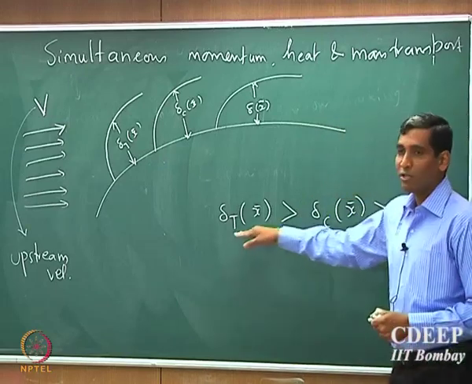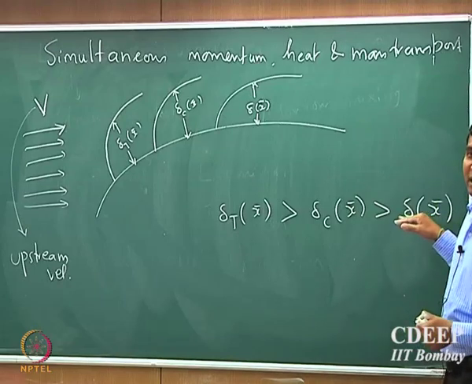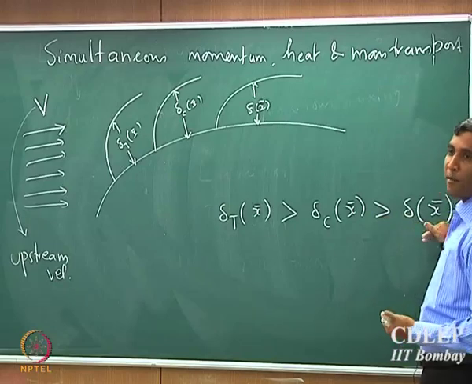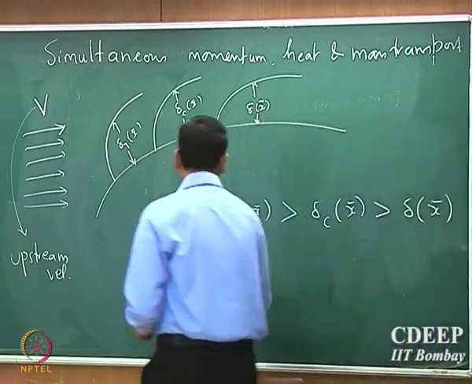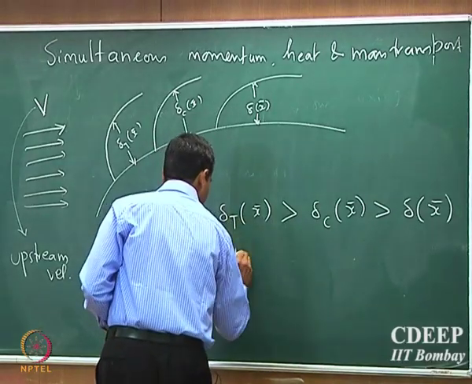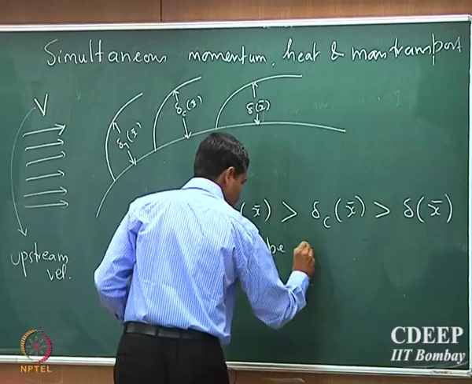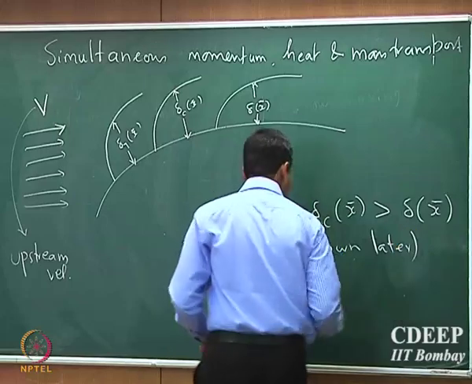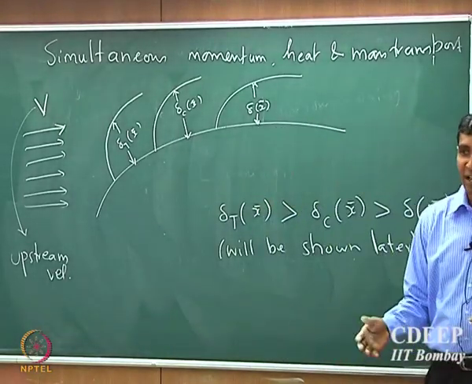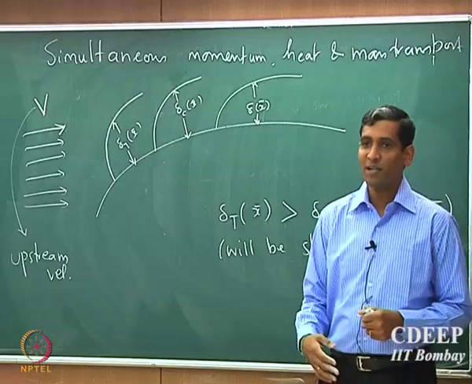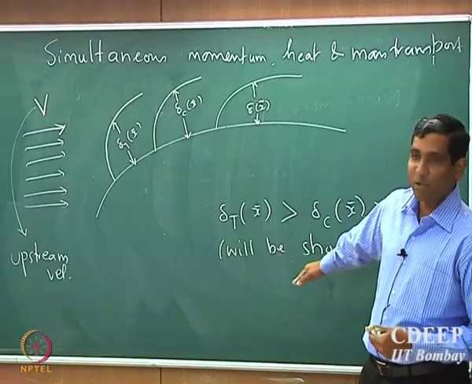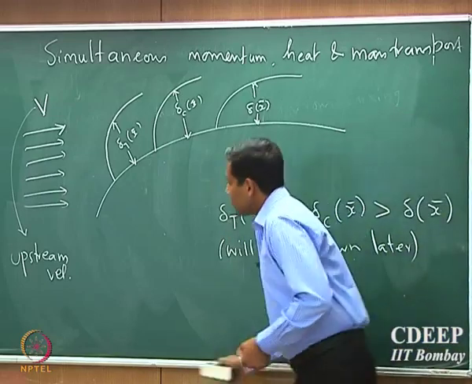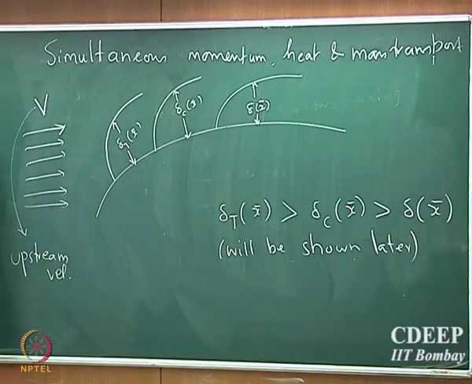So right now you assume that the thermal boundary layer thickness is larger than the concentration boundary layer, and that is larger than the momentum boundary layer. We will show this later as to why that's the case. In fact, it will fall out from the governing equations that this is really the case.